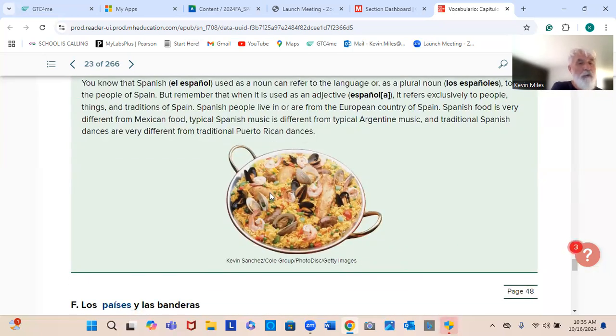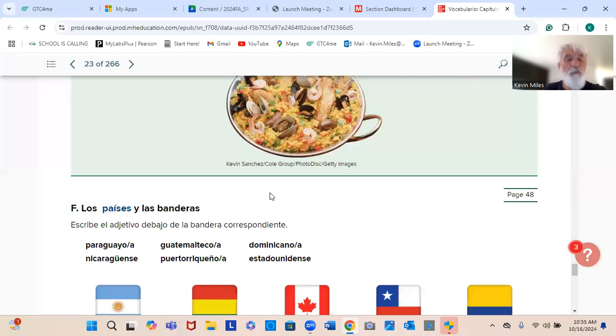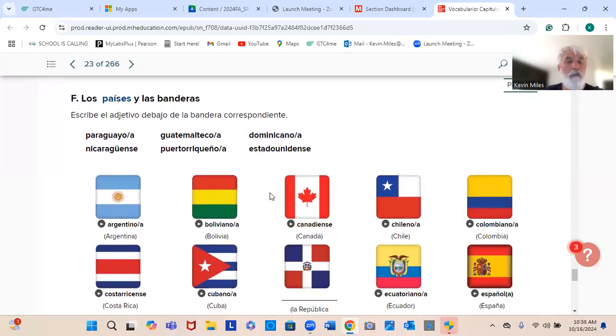Okay, let's move on to page 48. And here we're going to look at los países, the countries. They want you to just get familiar with a few countries, how to say it in Spanish, to recognize some nationalities, and to talk about las banderas, banners or flags of different countries, and why. They want you to be able just to talk about the colors maybe of a bandera.